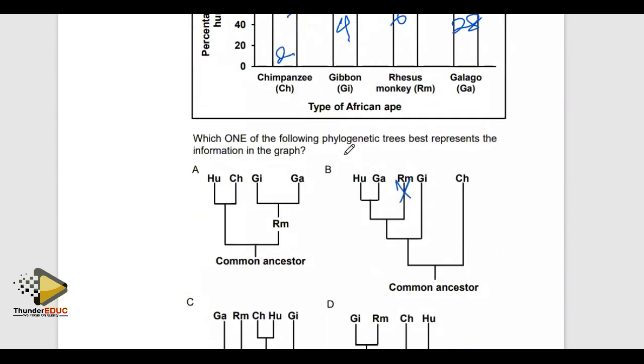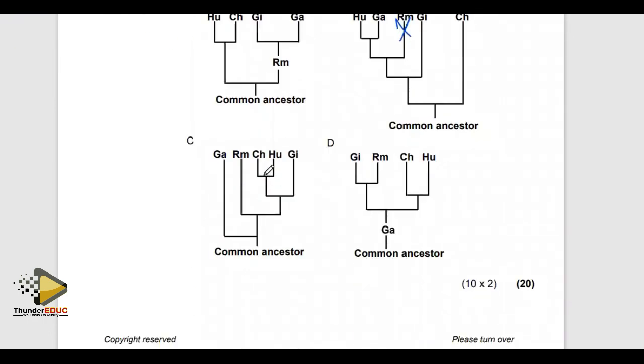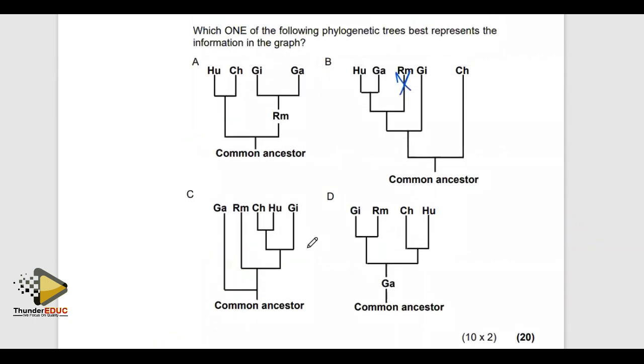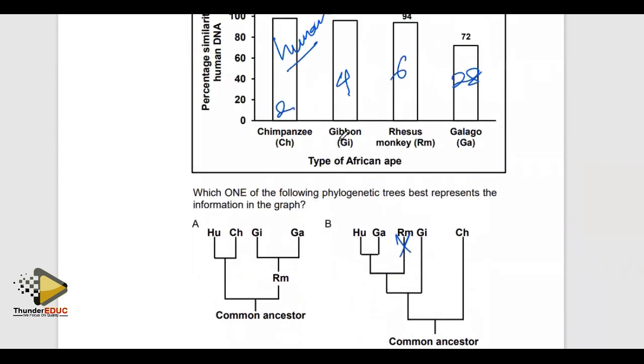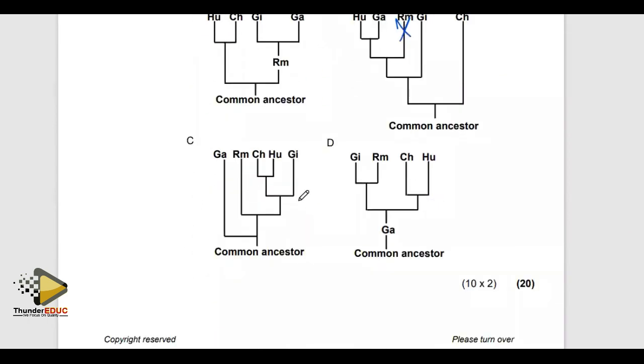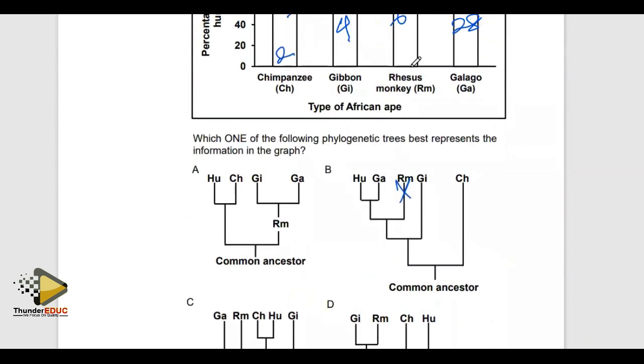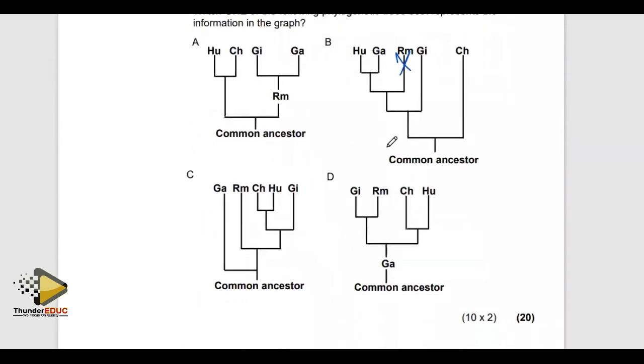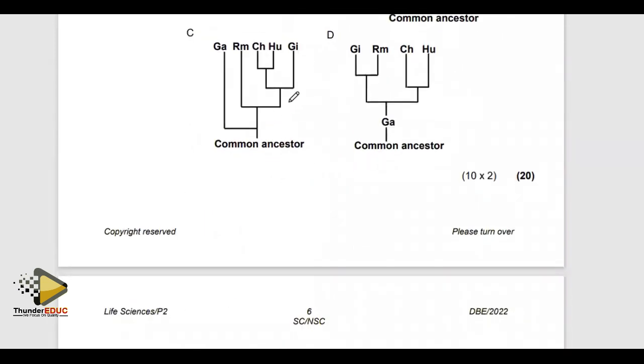The gibbon separated before the chimpanzee diverted from human. And then the rhesus monkey, because it is 6%, was the first to separate, before the gibbon.